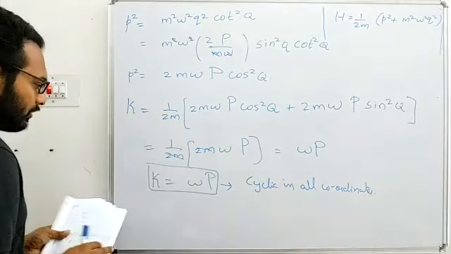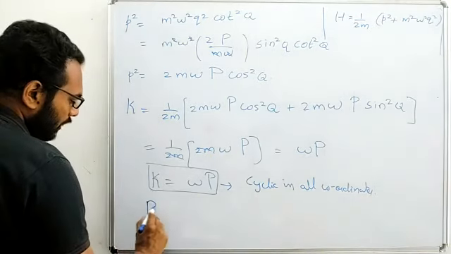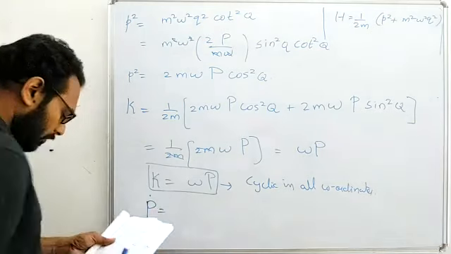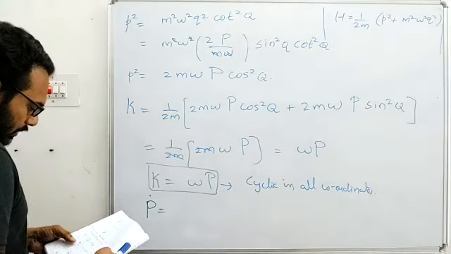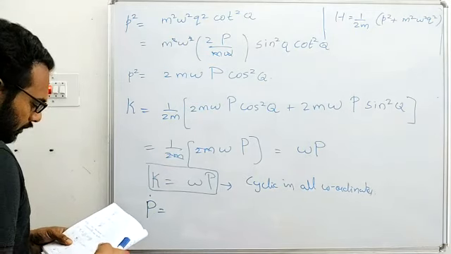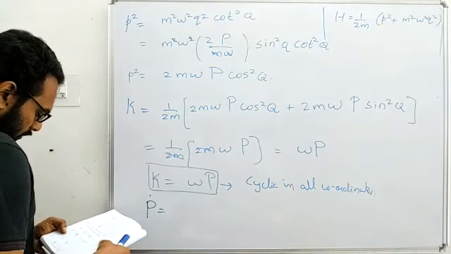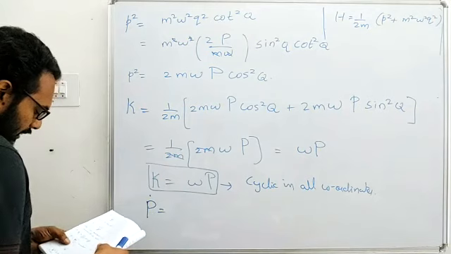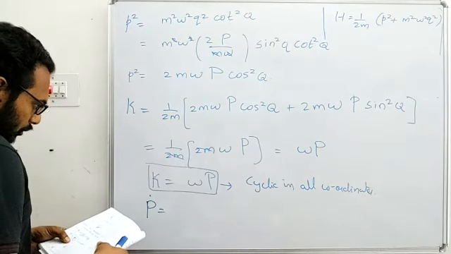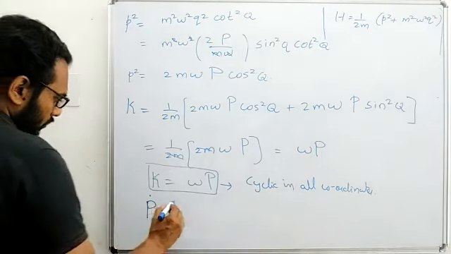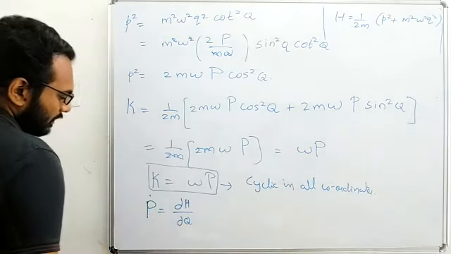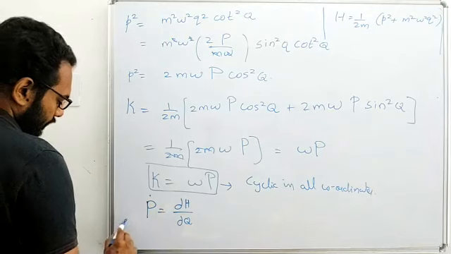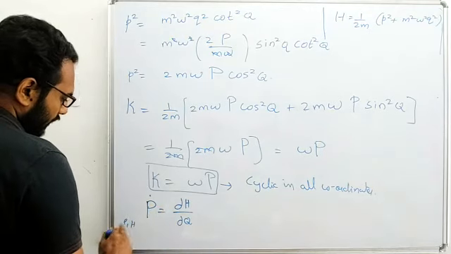One equation of motion is P dot is equal to... what's P dot? Is it dou H by dou Q, or is there a minus? Yeah, there's a minus.